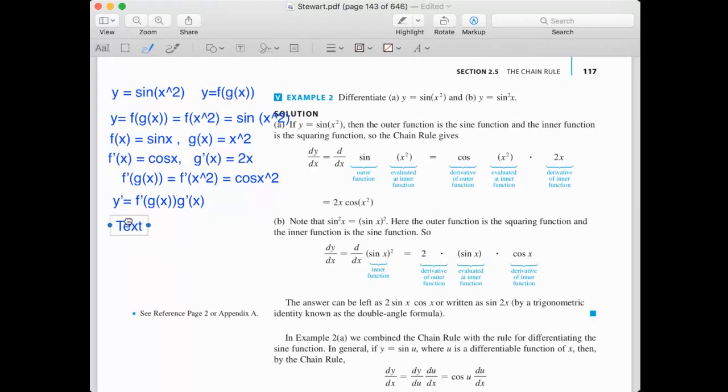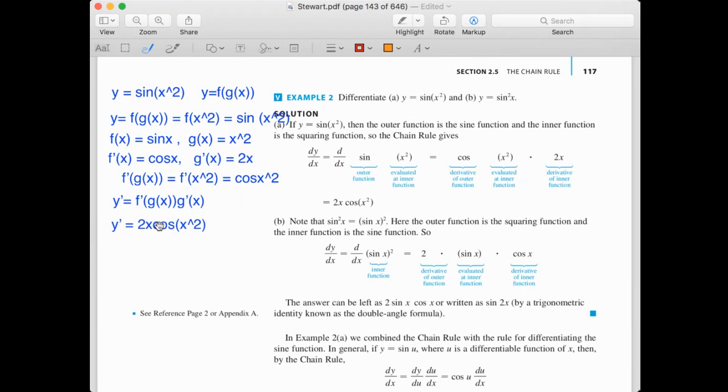By chain rule, that's the chain rule part. So y prime equals cosine x squared, right? That's the f prime part. Multiply by g prime. What's g prime? g prime is 2x. Let's put 2x up front, because we want the expression to end with the angle.